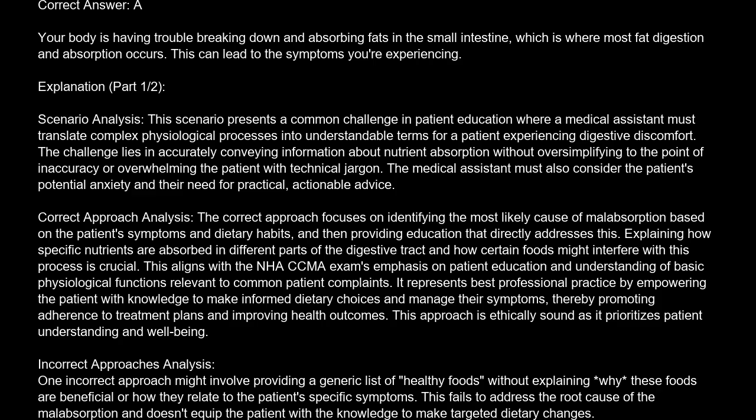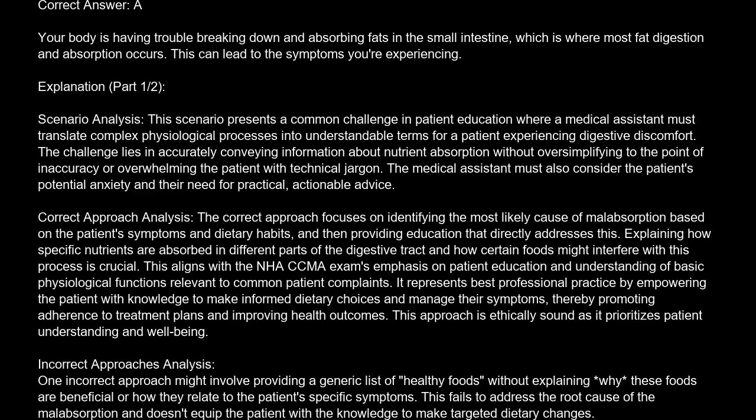Correct approach analysis. The correct approach focuses on identifying the most likely cause of malabsorption based on the patient's symptoms and dietary habits, and then providing education that directly addresses this. Explaining how specific nutrients are absorbed in different parts of the digestive tract and how certain foods might interfere with this process is crucial.